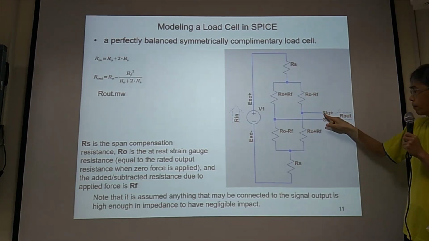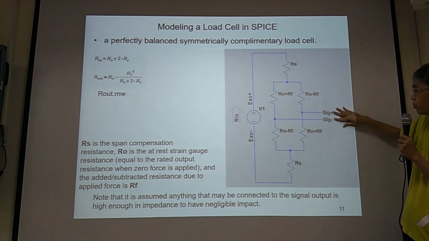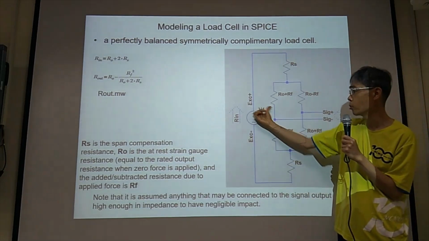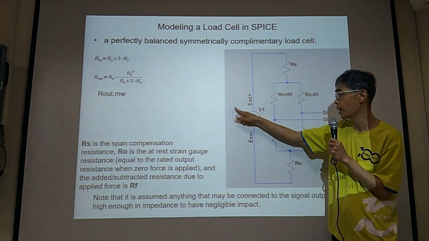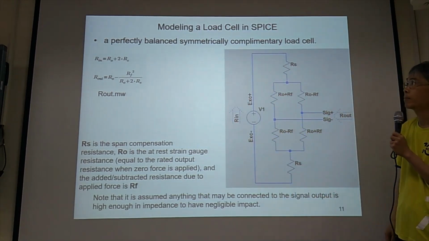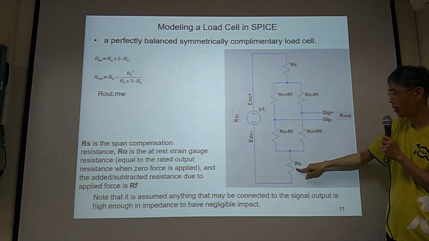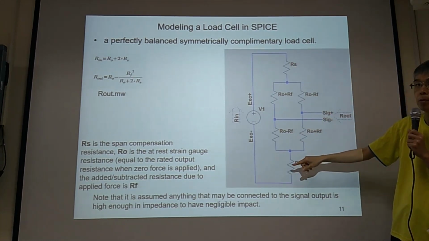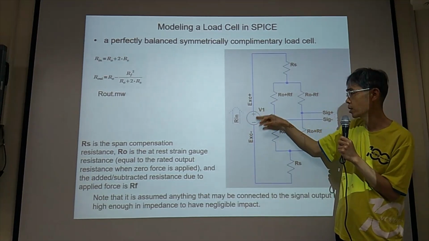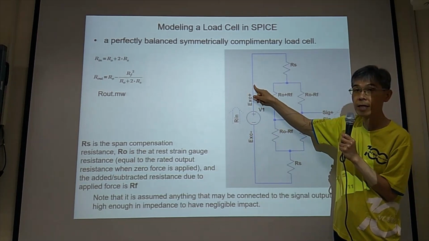Then you have V plus and V minus. If you look from the output, you have output resistance. If you look to the input, you have input resistance, Ri. To calculate Ri, you can say you have a test Vt, and you measure the current It.